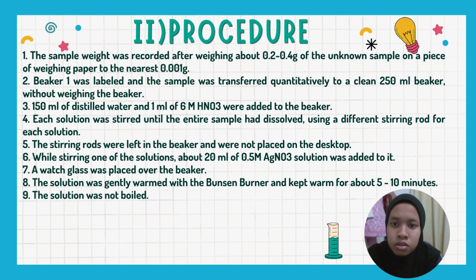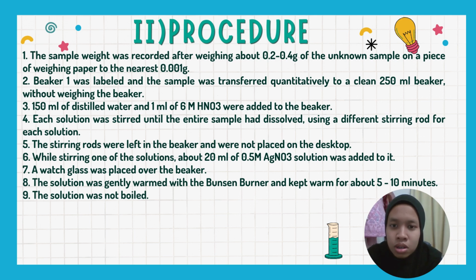Third, 150 ml of distilled water and 1 ml of 6 molarity HNO3 were added to the beaker. 4. Each solution was stirred until the entire sample had dissolved, using a different stirring rod for each solution. 5. The stirring rods were left in the beaker and were not placed on the desktop.